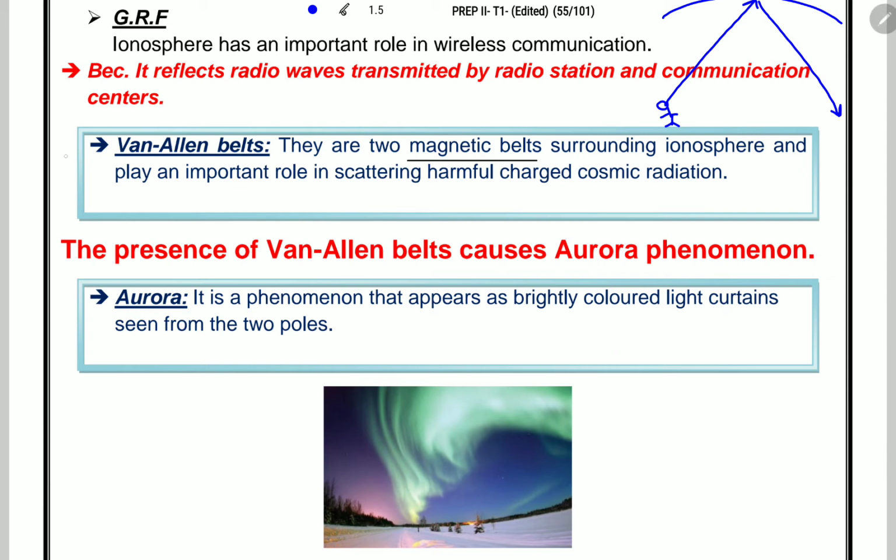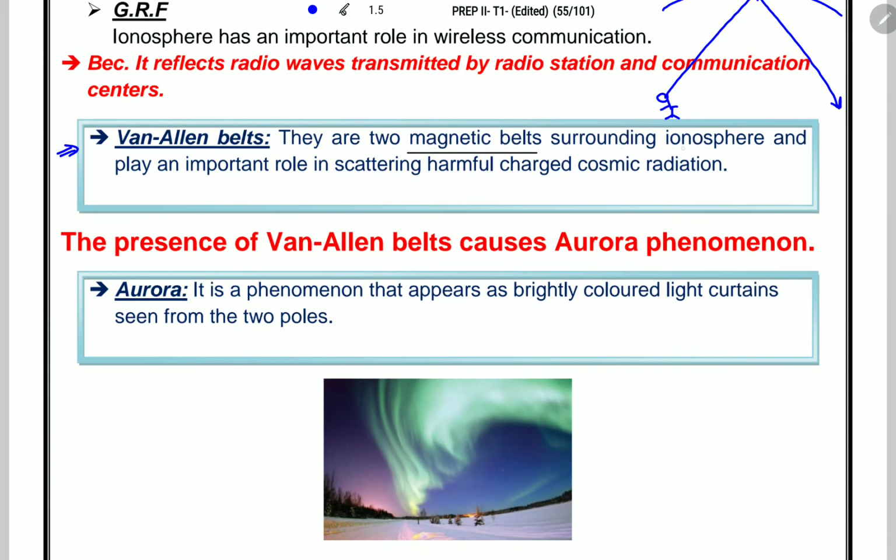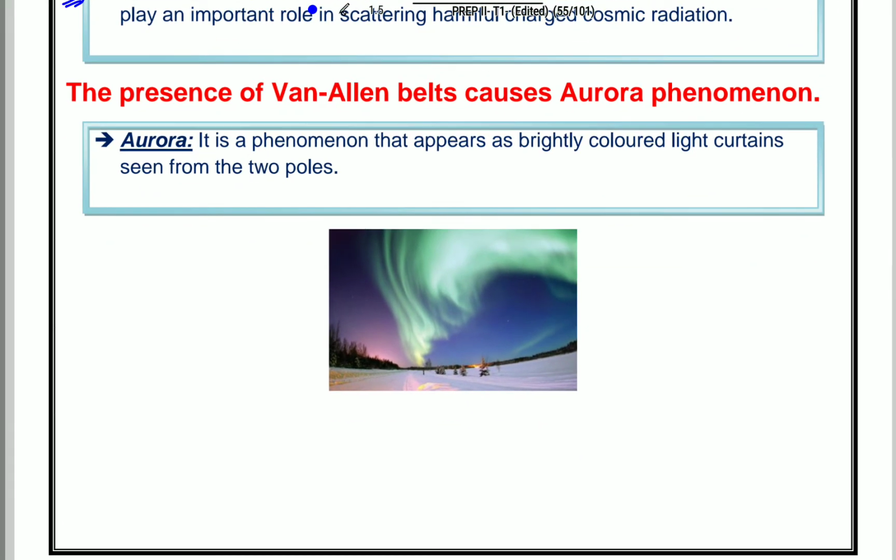We have something else called the Van Allen belts, and they are two magnetic belts surrounding the ionosphere. Around the ionosphere, we have these Van Allen belts, and they help in protecting us from the harmful charged cosmic radiations coming from space.